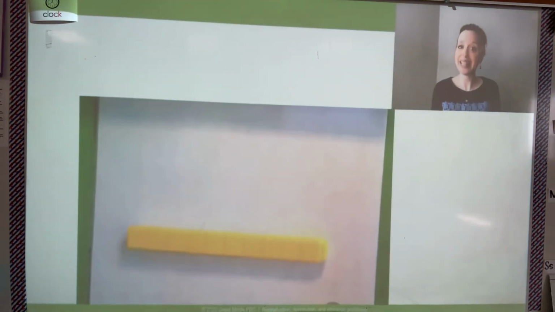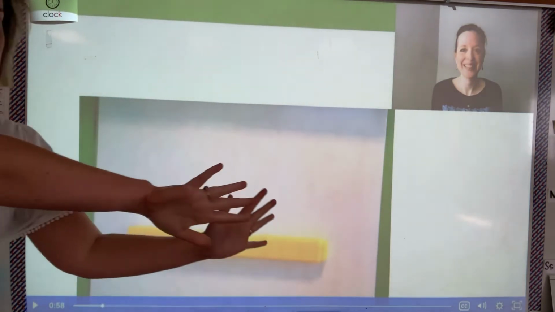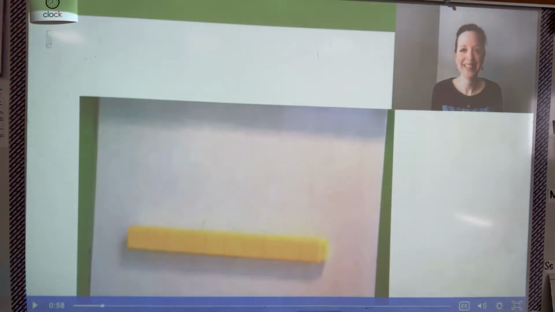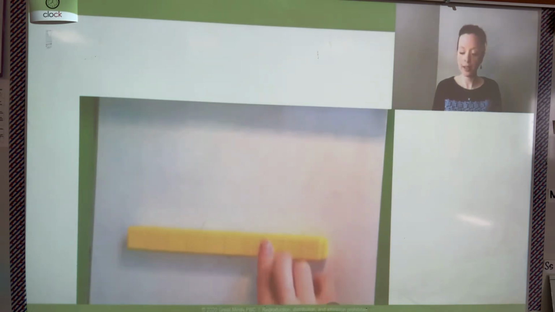Take out your linking cube stick. How many cubes do you have? Show me on your fingers. How many cubes should you have? Awesome, Russell. Very good, my other friends. 10. 10 cubes are on the stick. Now say it. 10. That's right, 10. Now, let's break off 3 cubes from the end. 1, 2, 3.